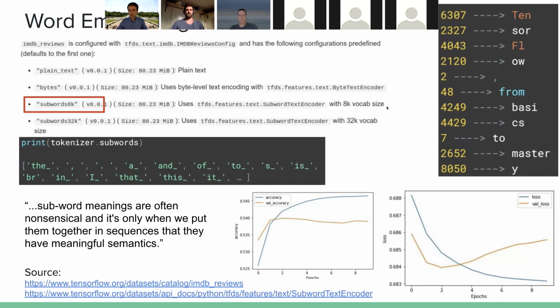We had about 8,000 such sub-tokens or subwords. And we couldn't really classify a movie review as positive or negative properly. We achieved about 54% accuracy, and the main reason was that subwords don't carry a lot of meaning. We need to consider the order in which they appear so that we have a better result.